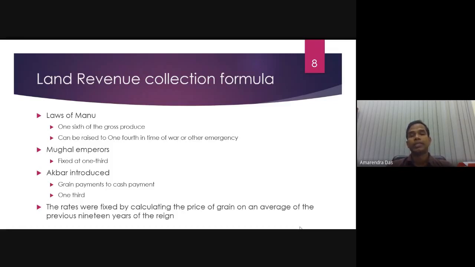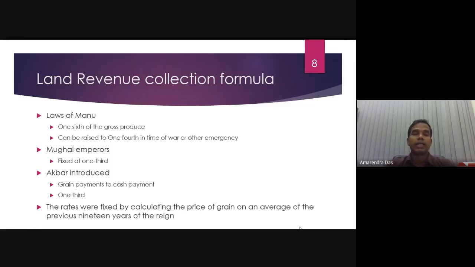However, if there is a war or some other emergency, the king can collect a little higher revenue, that will be 1/4. That means a quarter of the output will go to the king as revenue, or we can say the royalty.